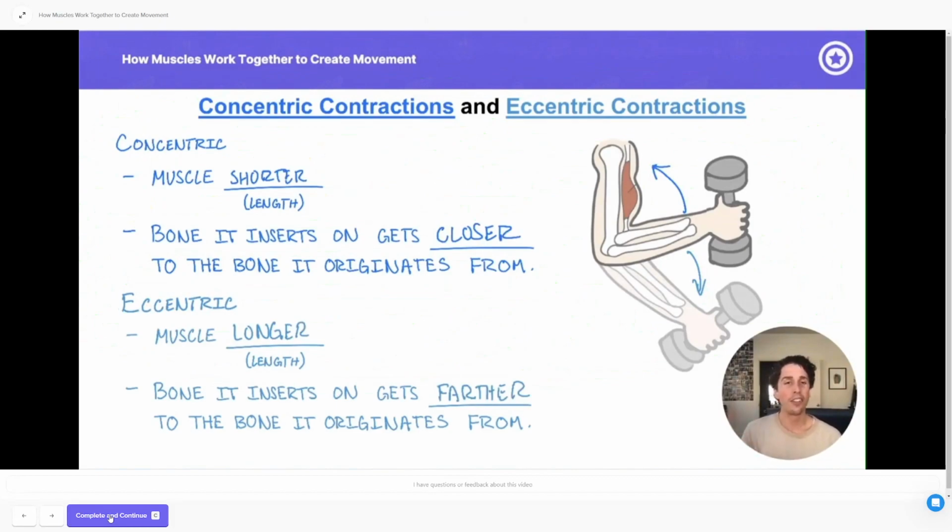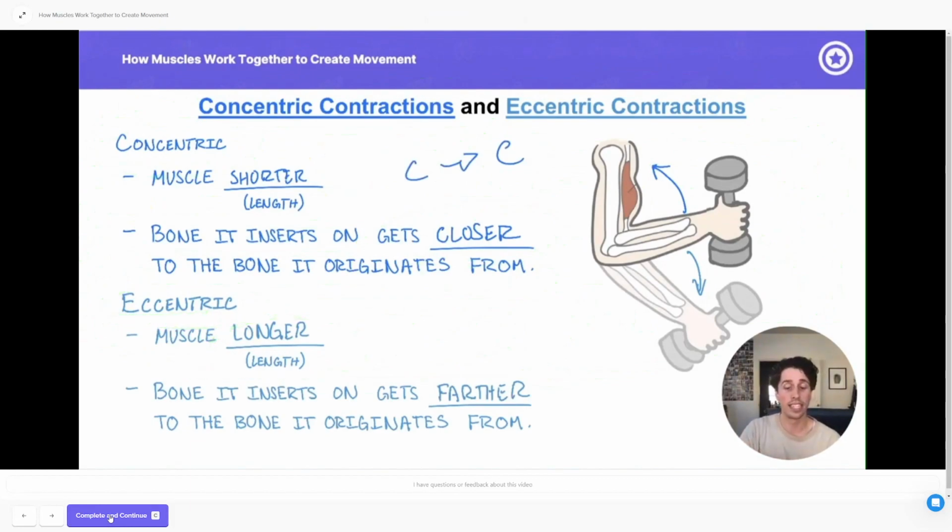All right, so a little mnemonic to help you guys remember this is going to be with the muscle length and like where the bone positions are. So with concentric, we're going to have the bone that the muscle inserts on get closer to the bone that it originates from. So that's going to be a C to a C. So concentric is going to get closer. And then with eccentric, the muscle is actually going to get longer.